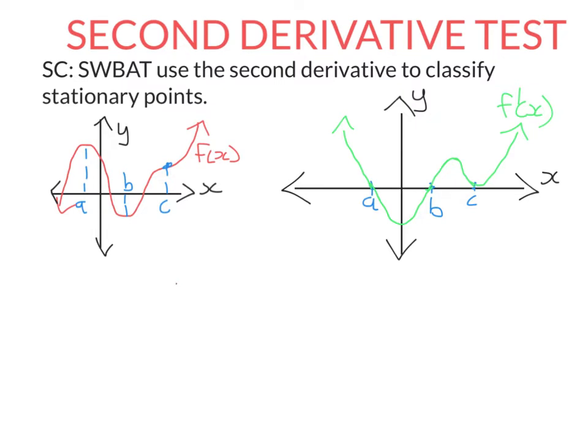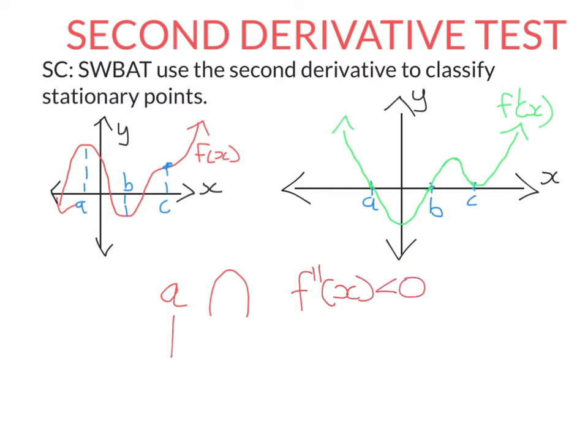So let's look at point A, which we know was a maximum. What's happening to the first derivative at point A is it's decreasing. So the first derivative decreasing, how do we write that mathematically? Well, if the first derivative is decreasing, then its derivative, f''(x), is negative.